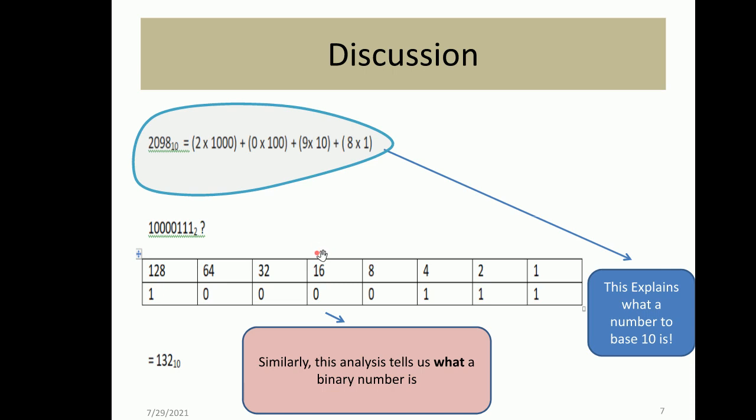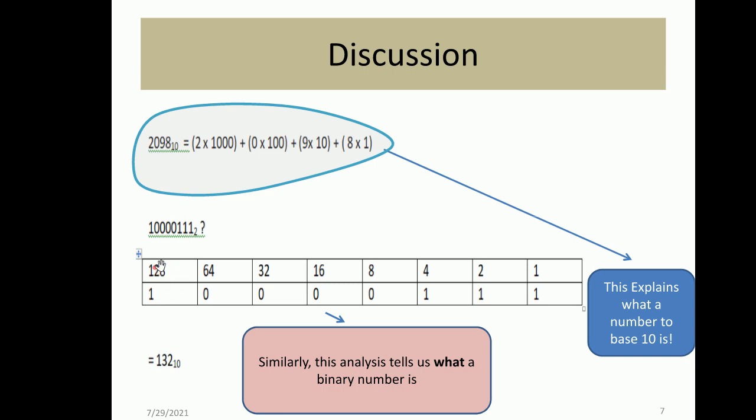And if you want to analyse the meaning of this binary number, so it's a number with base 2, you can similarly analyse it in terms of a sum of powers.